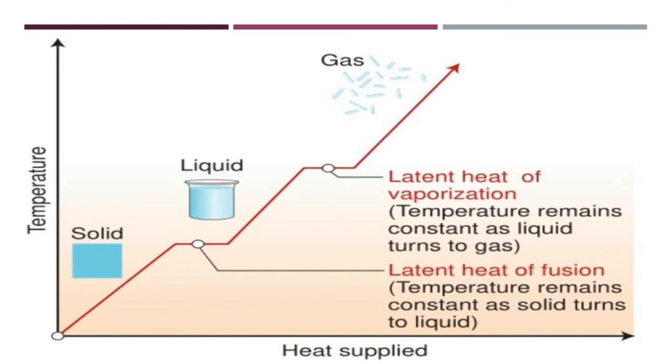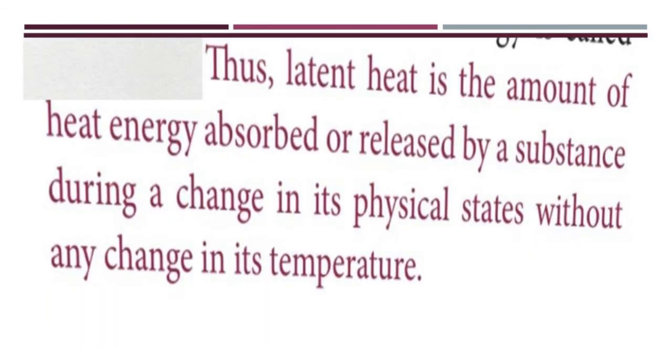It is because when a substance changes from one state to another, a considerable amount of heat energy is absorbed or liberated. This energy is called latent heat. Thus, latent heat is the amount of heat energy absorbed or released by a substance during a change in its physical state without any change in its temperature.